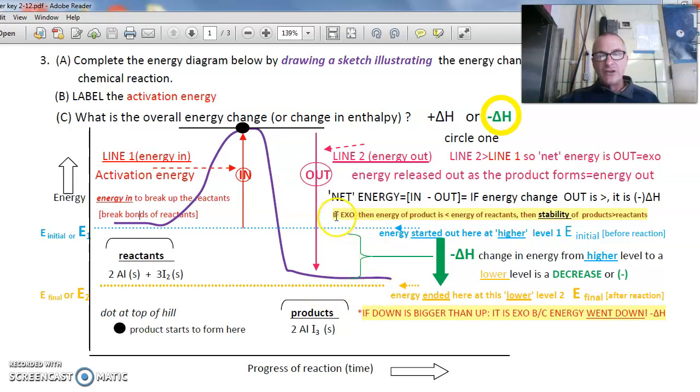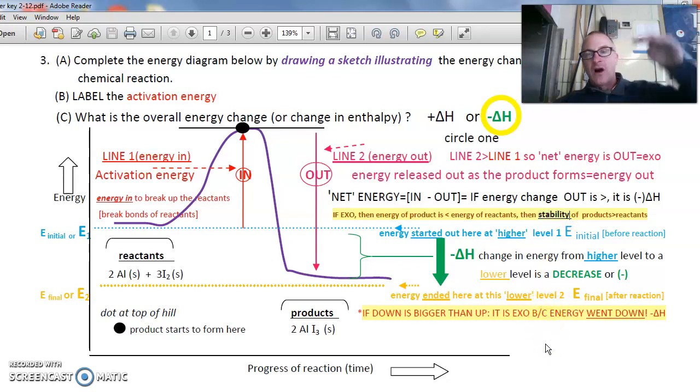Why was energy released? If it's exothermic, what do we know? Well, we know that overall a lowering of enthalpy is desired in the universe. The universe is tending towards lower enthalpy. Why is it tending towards releasing energy? Well, you could say because the stability goes up.